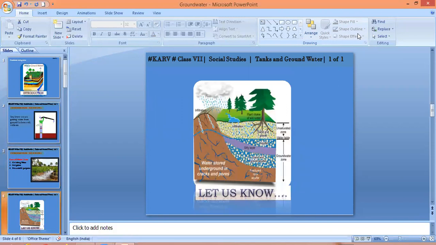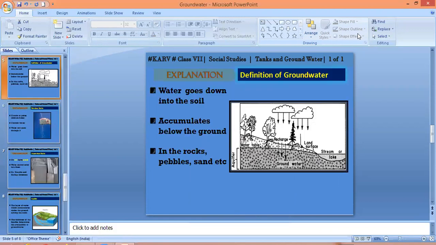Now let us learn what groundwater is and what the different types of rocks under the ground are. As the word groundwater tells, it is the water which is present under the ground. Suppose, children, you have plants in your house and you pour some water. After some time the water is not there. What is happening?